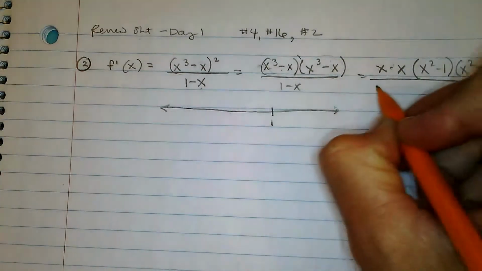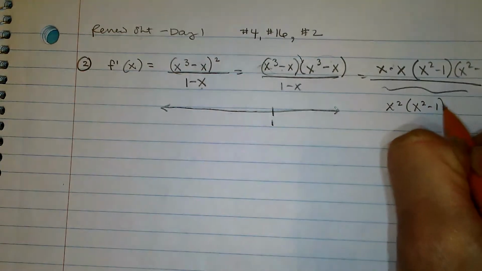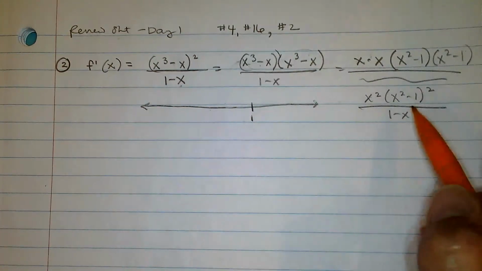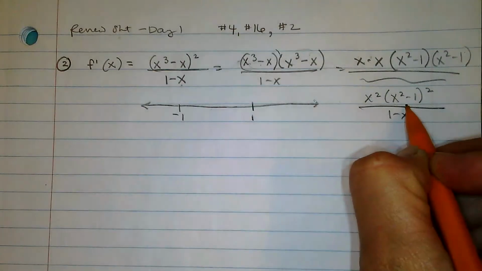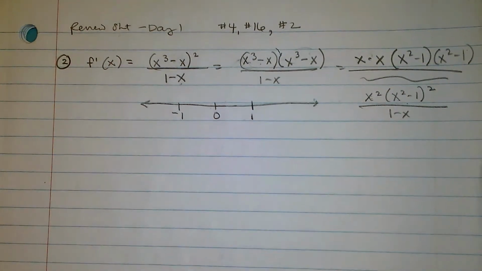So the numerator would be x squared and then x squared minus 1 squared. So the numerator is going to be zeroed out at 1 and negative 1 as well as at 0. So these are my critical points. I want to see whether the derivative is positive or negative in each of these intervals.